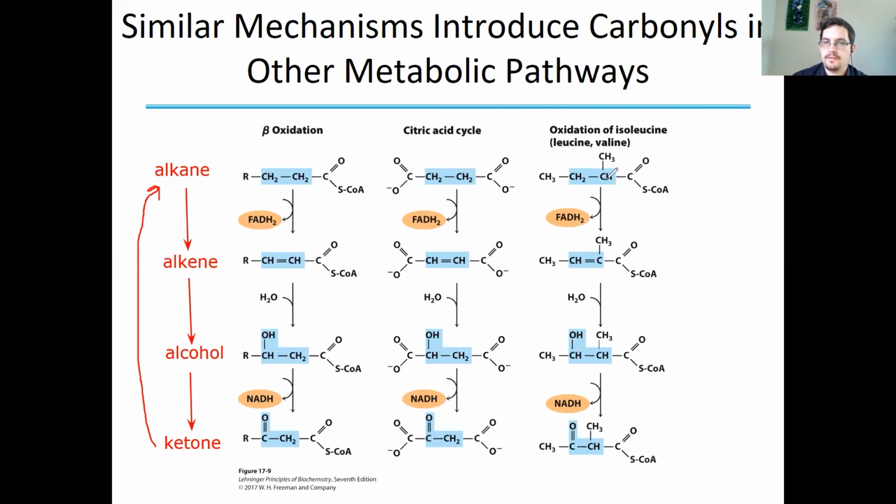For amino acids, this is in the oxidation of isoleucine. You again see that same general pathway. You start with an alkane, oxidize it to the alkene, hydrate it to the alcohol, and then oxidize it to the ketone. Each time you're producing FADH2 and NADH.